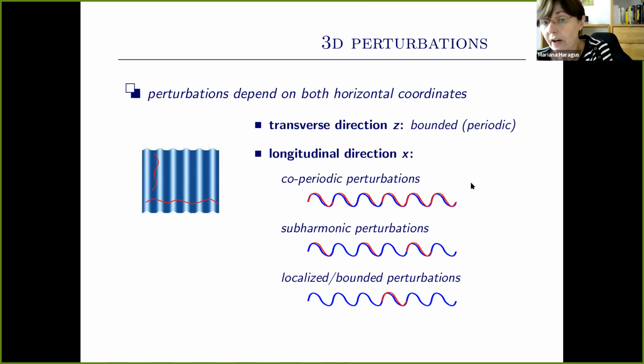But the class of coperiodic perturbations is somehow the smallest class of perturbations one can consider for periodic waves. And once we have shown an instability result for such perturbations, then one can conclude on instability for the other classes of perturbations. So to resume this, the perturbations I'm going to consider will be coperiodic in this longitudinal direction and also periodic in the transverse direction.